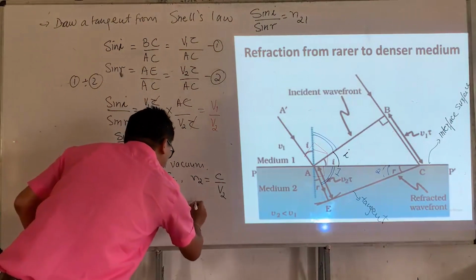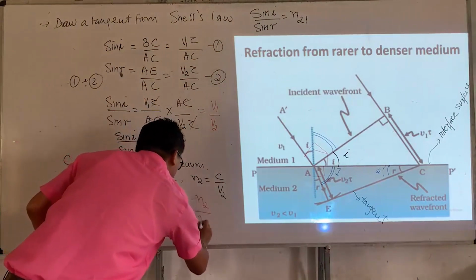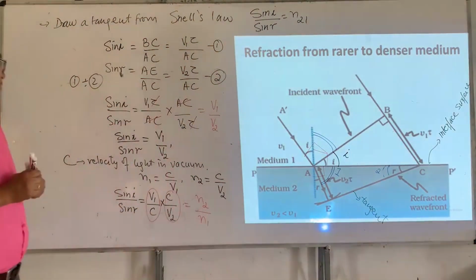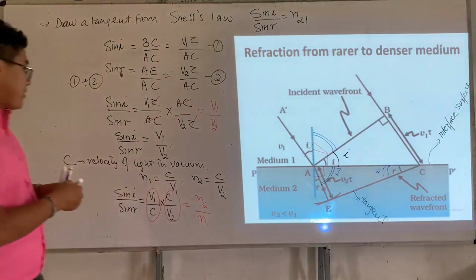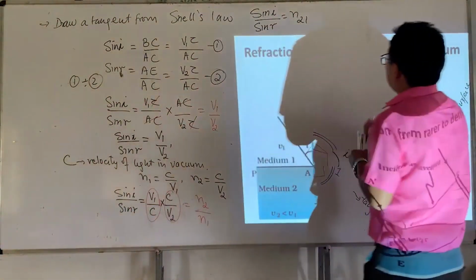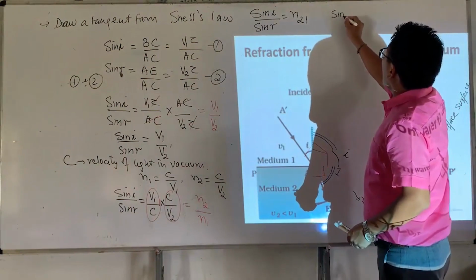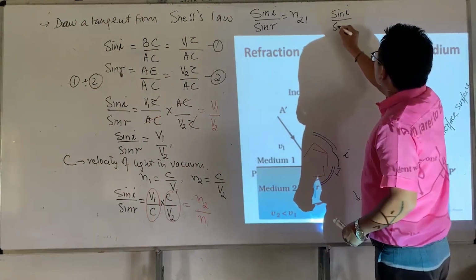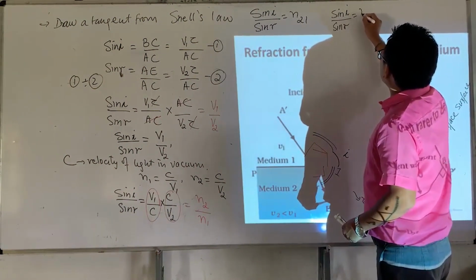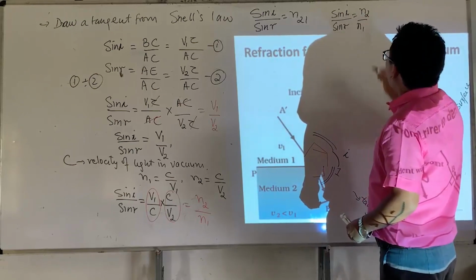Which is equal to N2 divided by N1. So I'm going to write at top, sin I divided by sin R is equal to N2 divided by N1.